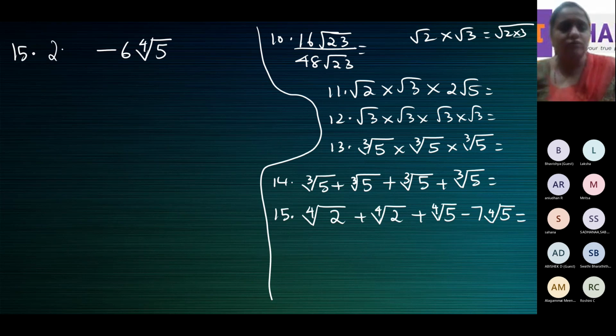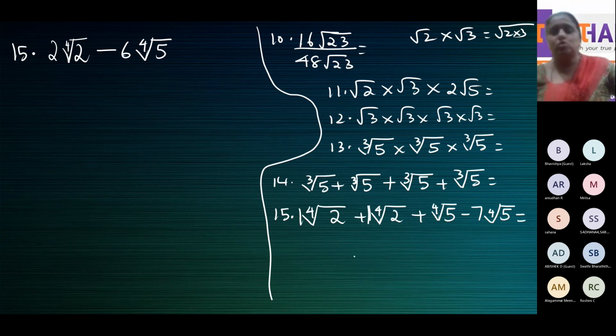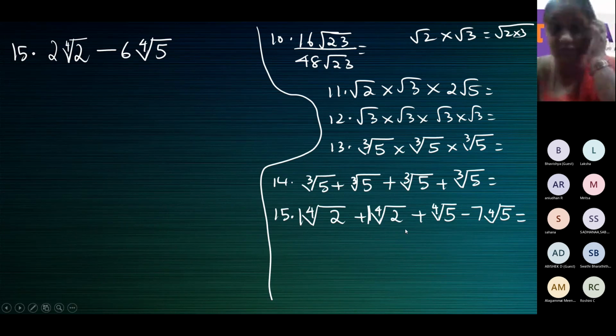It's 2 fourth root of 2, because there's 1 here and there's 1 here. 1 plus 1 is 2. 2 fourth root of 2. 2 fourth, 1 plus 1, 2. 2 into fourth root of 2 minus 6 into fourth root of 5.